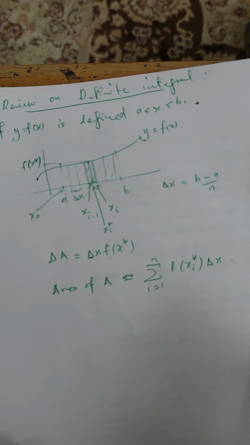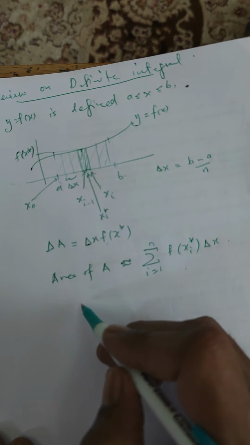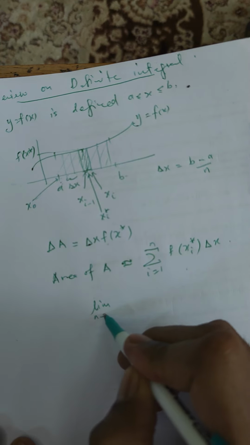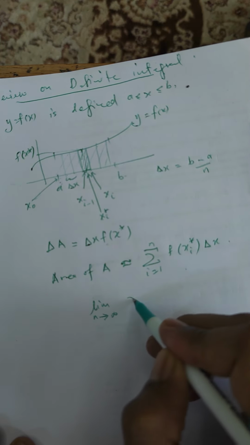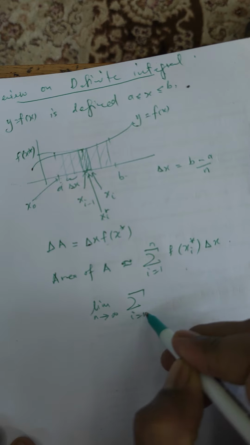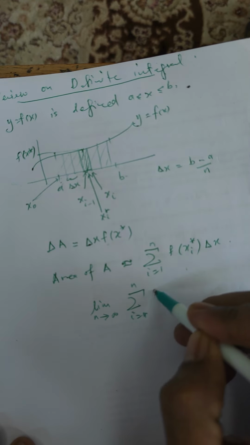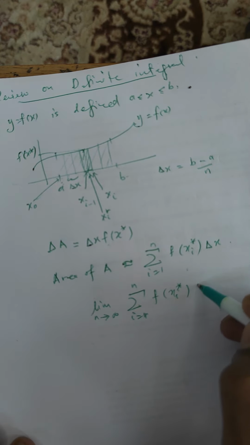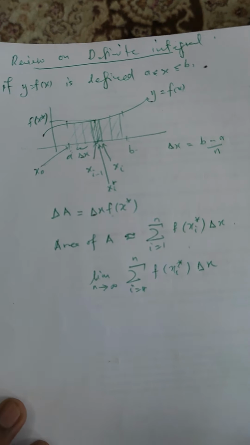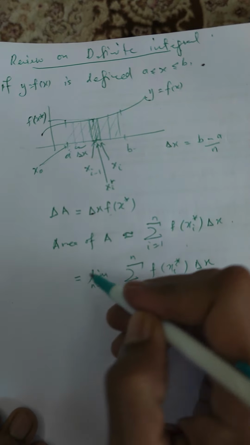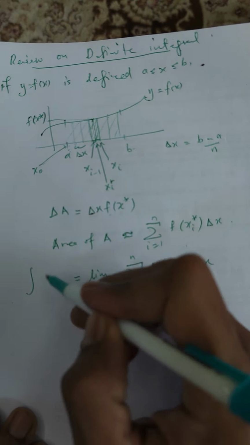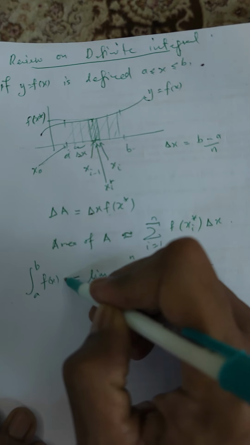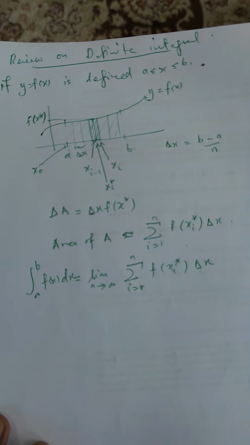Then if we take the limit as n goes to infinity of the summation i from 1 to n of f(x_i star) delta x, we define this as the integral from a to b of f(x) dx.